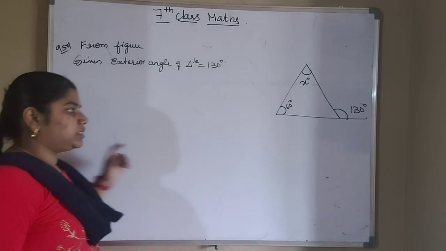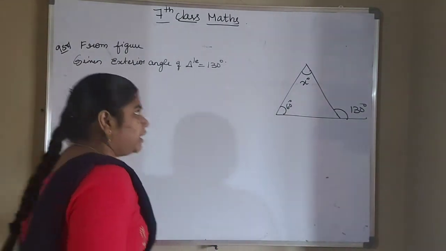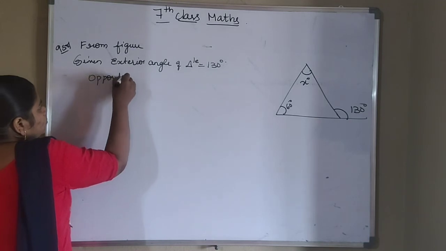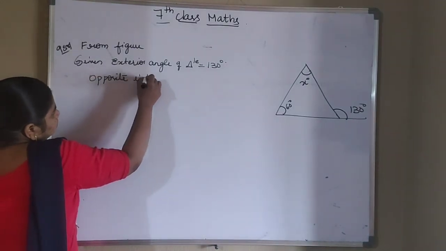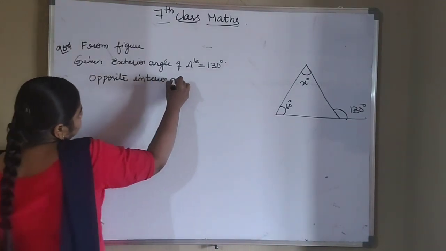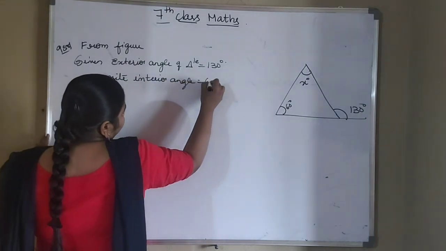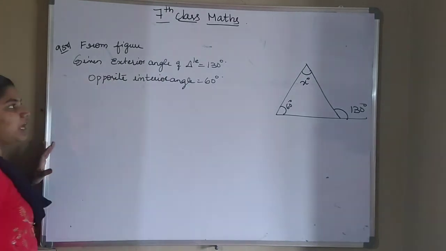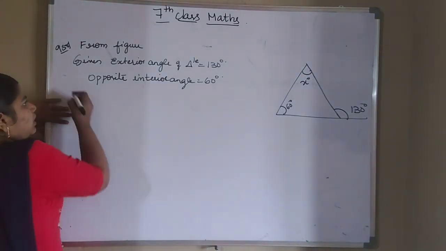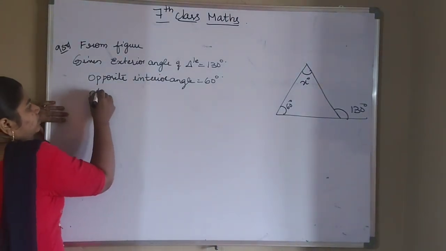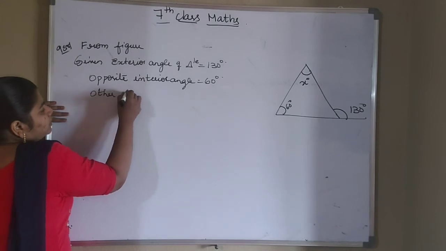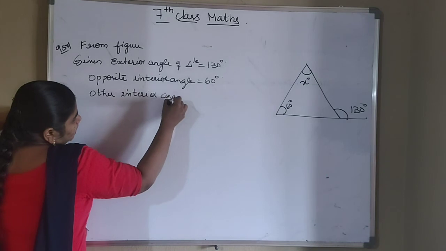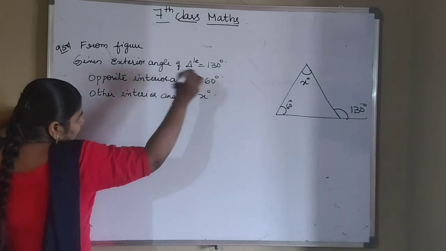They have given the exterior angle as 130 and the opposite interior angle they have given as 60 degrees. The other angle we have to find. Other interior angle, I am taking it as X degrees.